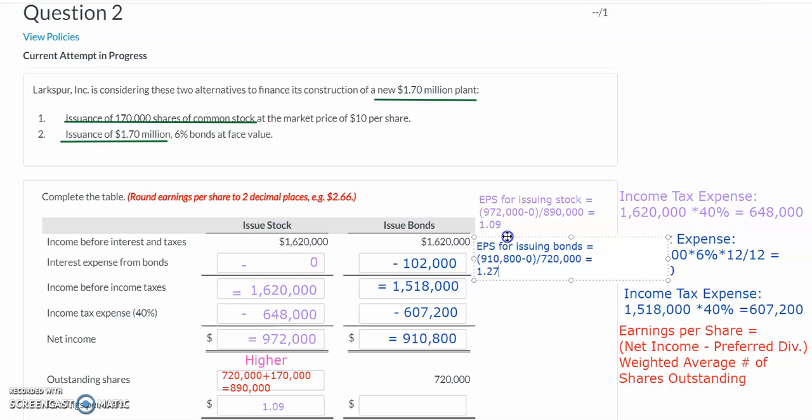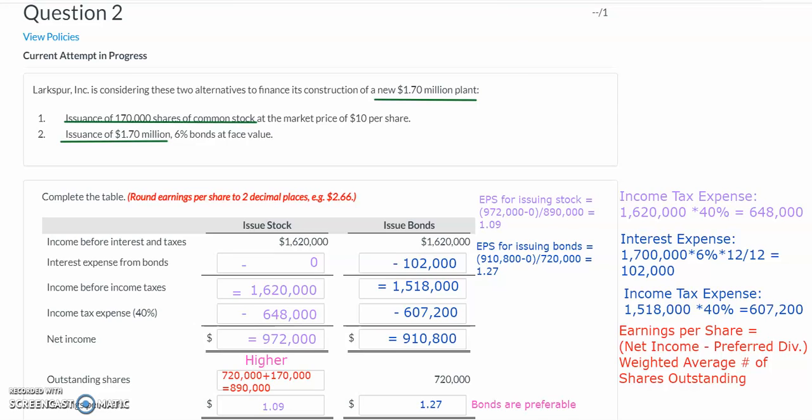So we can see that our earnings per share is actually going to be higher if we were to issue bonds. So if a company really focused on earnings per share, they would utilize issuing bonds if that was the most important factor for that company. Okay, so bonds are preferable in this scenario if you're looking at just earnings per share.